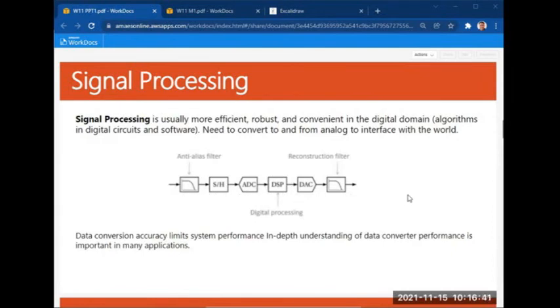Again: input, filters, analog to digital converter, digital signal processing, digital to analog converter, and then output. Data conversion accuracy limits system performance, so an in-depth understanding of data converter performance is important in many applications.